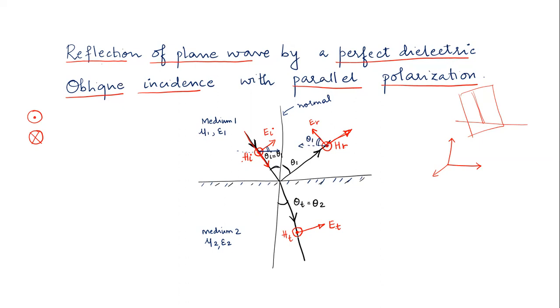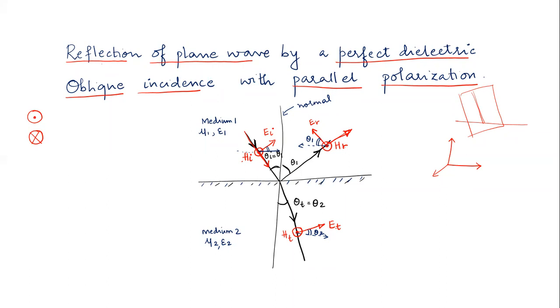And here also you have to remember that this theta2 and this theta2 will be same. So this is the third part and the diagram is complete.